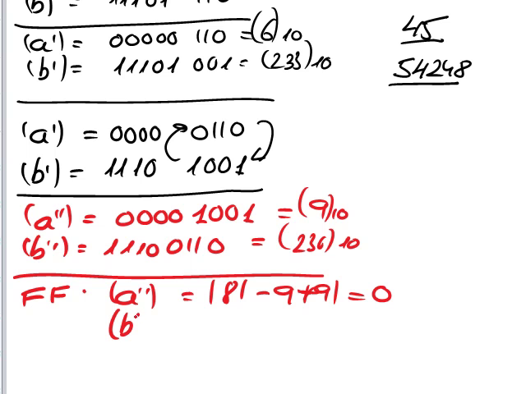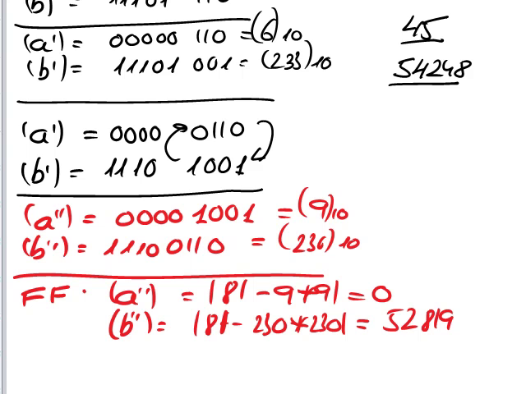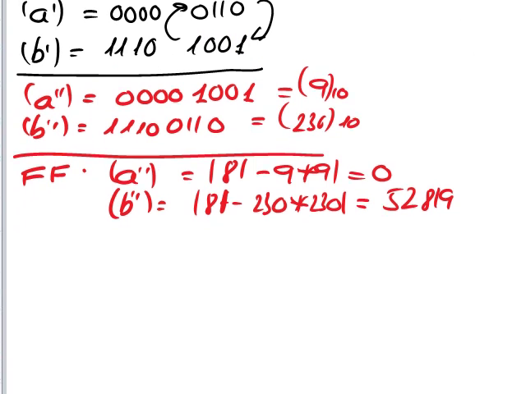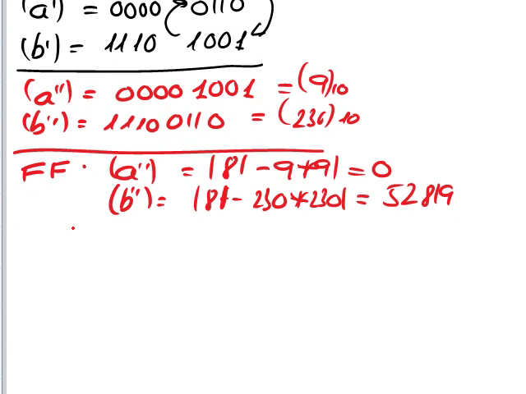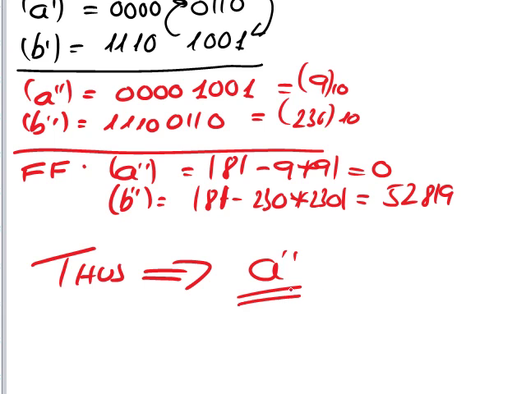And for the case of B prime prime, it is 81 minus 230 multiplied by 230, which is 58199. Thus, A prime prime equal to 9 is indeed the answer.